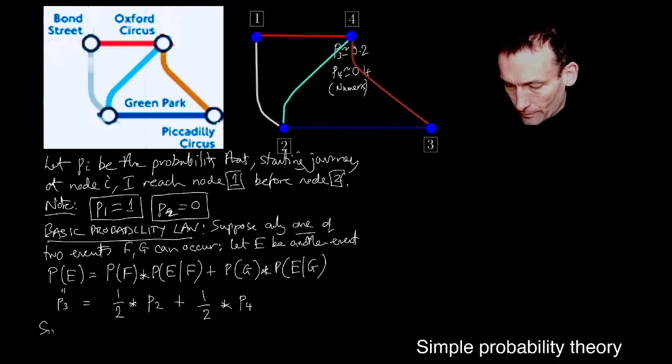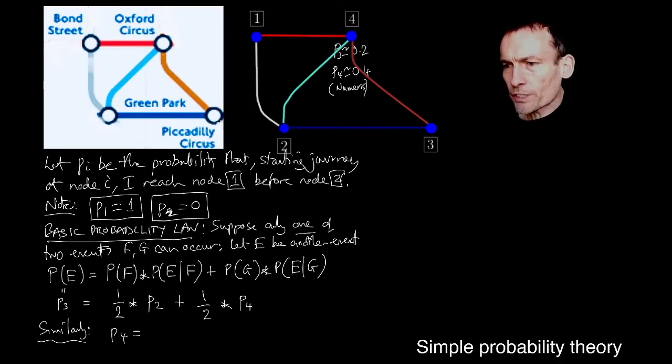Similarly, can you not see that P4, which is the probability that I reach Bond Street before Green Park, starting at node 4?